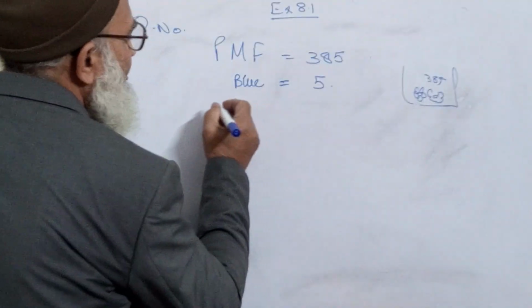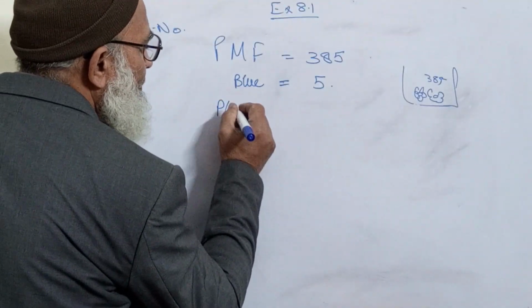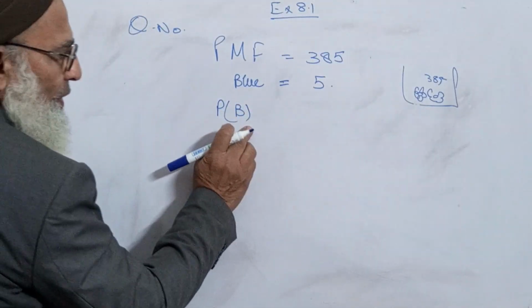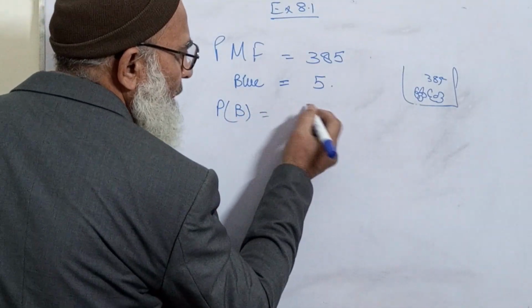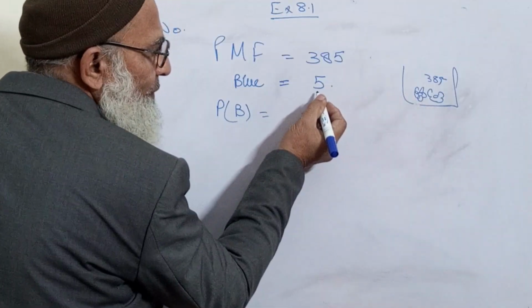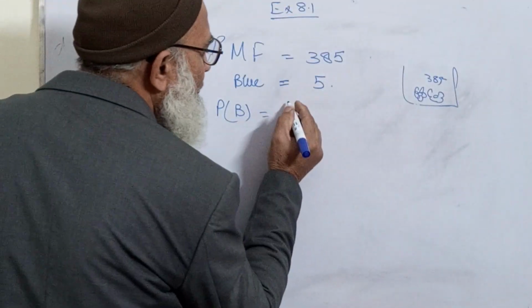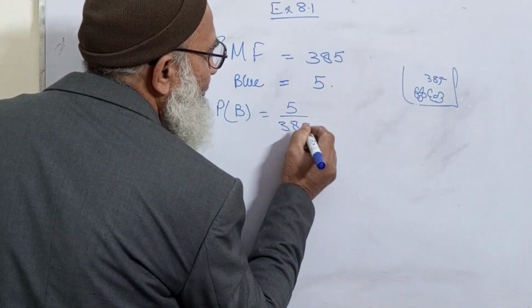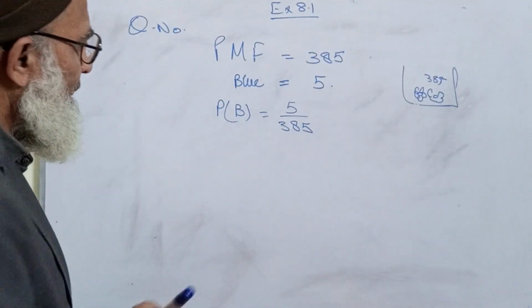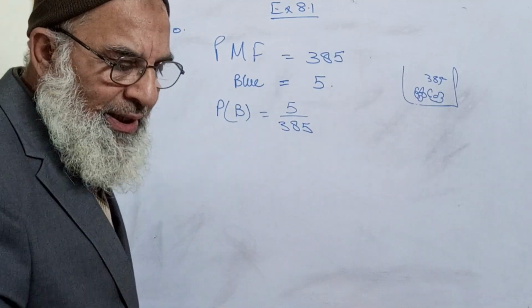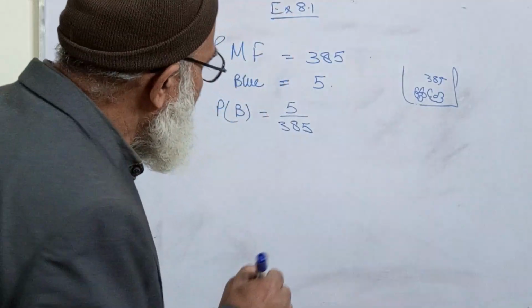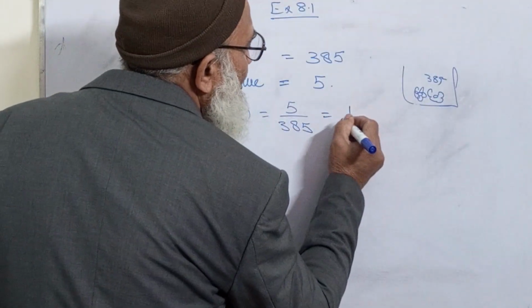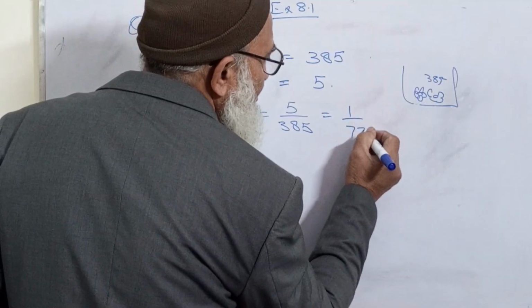It is very simple: the probability of being blue is equal to how many flowers are blue in this bag? These are 5 only. Okay, the total flowers are 385. You can also divide it, and 5 over 385 will become 1 divided by 77.